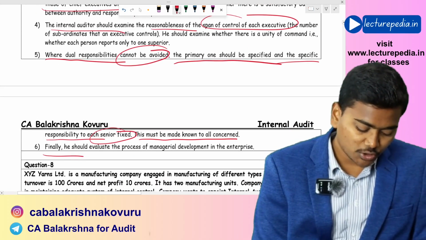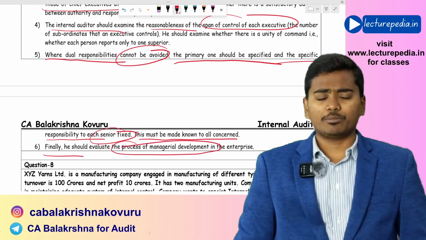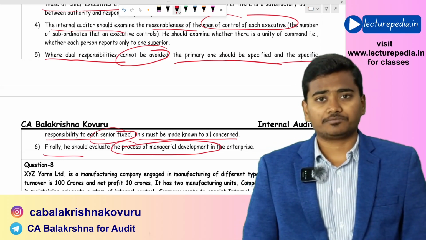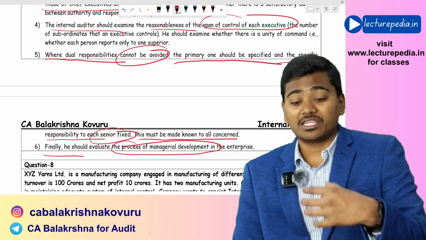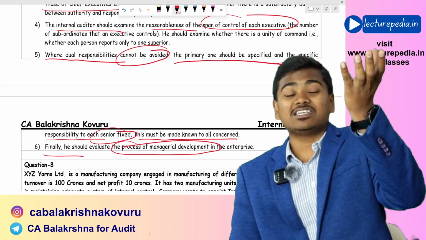And finally, he should evaluate the process of managerial development in the enterprise. Basically, in large organizations, they will find from within the existing staff who will be suitable for higher positions like CFO, CEO.